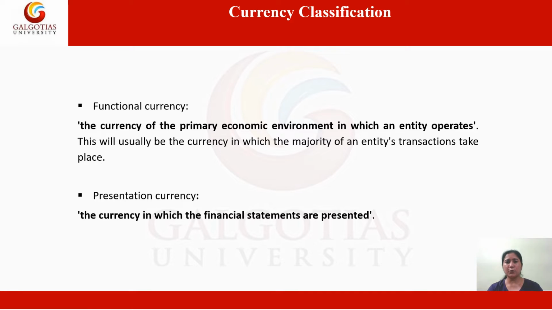This will usually be the currency in which the majority of an entity's transactions take place. In contrast to this, presentation currency is the currency in which the financial statement of the business entity is prepared.